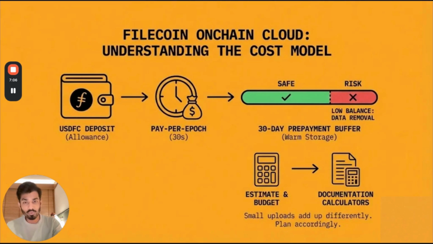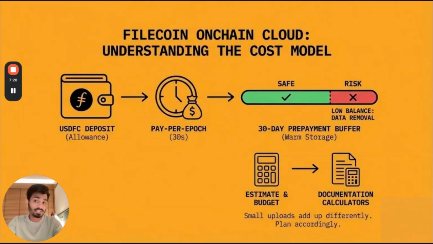One more thing that's very worth understanding is how the cost works. The Filecoin Onchain Cloud uses a pay-per-epoch model, where each epoch is 30 seconds. You deposit USDFC tokens, the stablecoin on Filecoin, and then set allowances that control how much the warm storage service can spend.